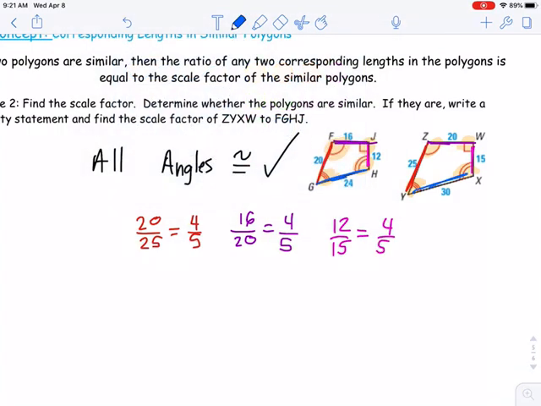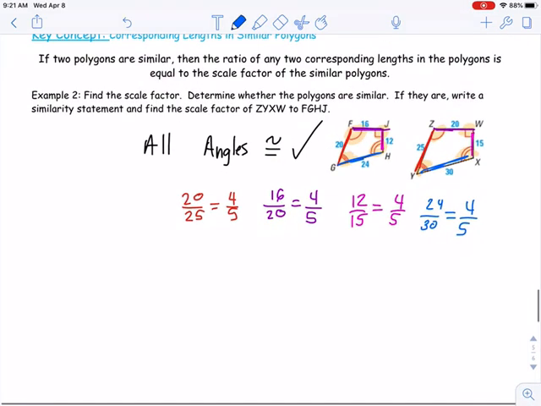And then last, I got GH, which is 24, YX is 30, so 4/5. All right, so all are proportional, so they are similar. So we'll put a smiley face. Hooray. All right, and that's that for these notes.